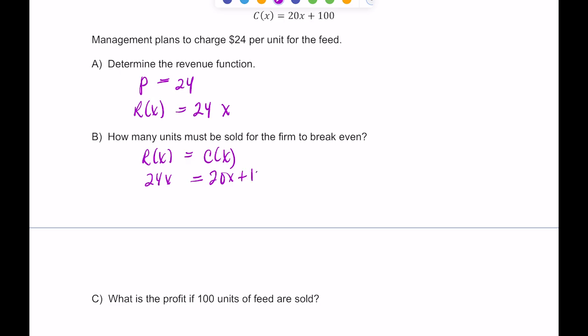So again, I'm just going to replace, and then I'm going to solve for X. So I'm going to subtract 20X from both sides. You get 4X equals 100. And then X would equal 25. So what that tells me is that if the company was to sell more than 25 units, the company makes a profit. If it sells fewer than 25 units, it's going to lose money, right? So 25 is where they break even.